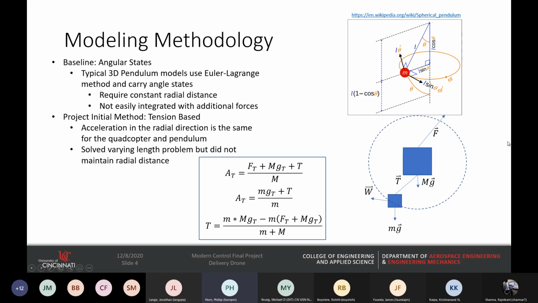This worked pretty well, except for the way that we are modeling it with the solver, because you're not actually allowing your constraints only in the direction of the string. As soon as you get any sort of perpendicular, or tangential, motion to this circle, it's able to just move around. So it doesn't really solve for the constraint of maintaining that radial distance.